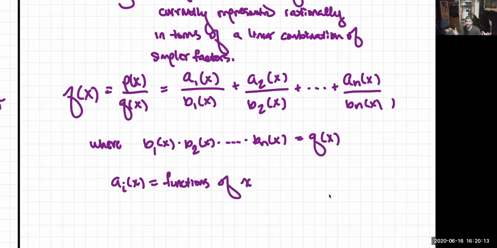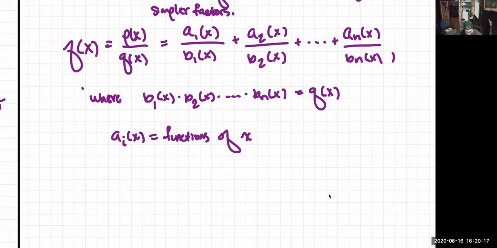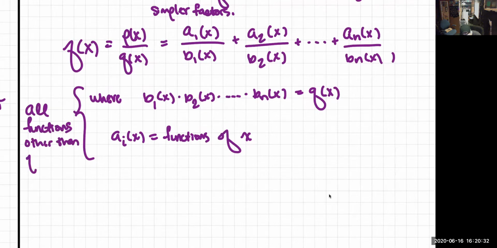They might be constants, they might be more complicated than that, but generally one thing we can safely assume with the scope of what we're looking at and where this method really shines is where all functions other than f of x are polynomials. So p of x, q of x, all the ai's, all the bi's, those are all going to be polynomials.